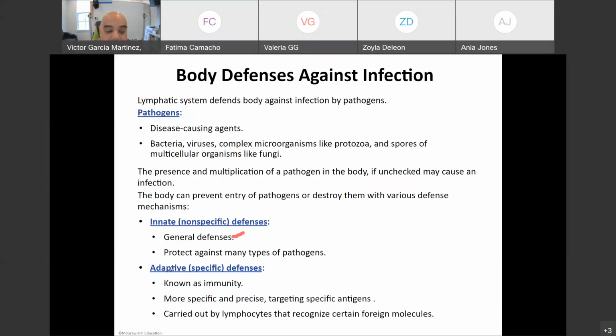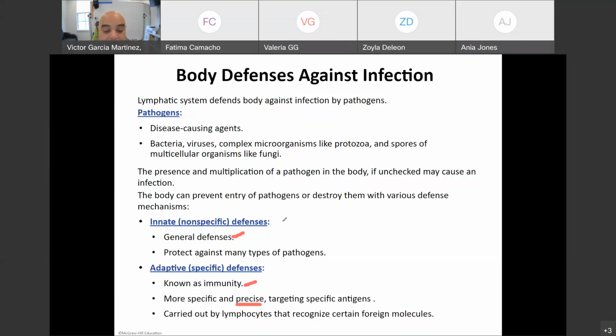And we have another one which is specific, and this one is more precise. It's targeting specific antigens. Then it's going to be a different strategy against a bacteria, a different strategy against viruses, against fungi, or against a parasite.